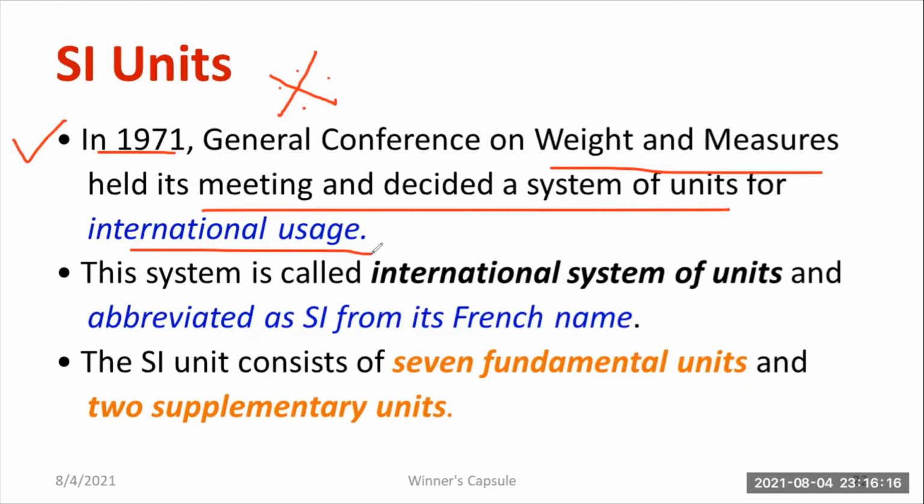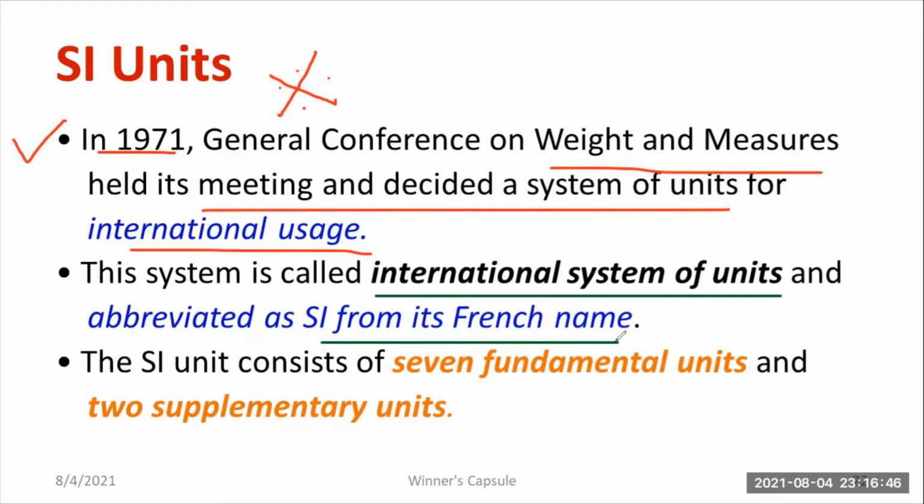So after the meeting, they introduced new units called SI units. Can you write the full form of SI unit? The full form of SI unit, you can note down, is International System of Units. International System of Units is also known as SI unit. Actually, it has been taken from one of the French names. Clear?